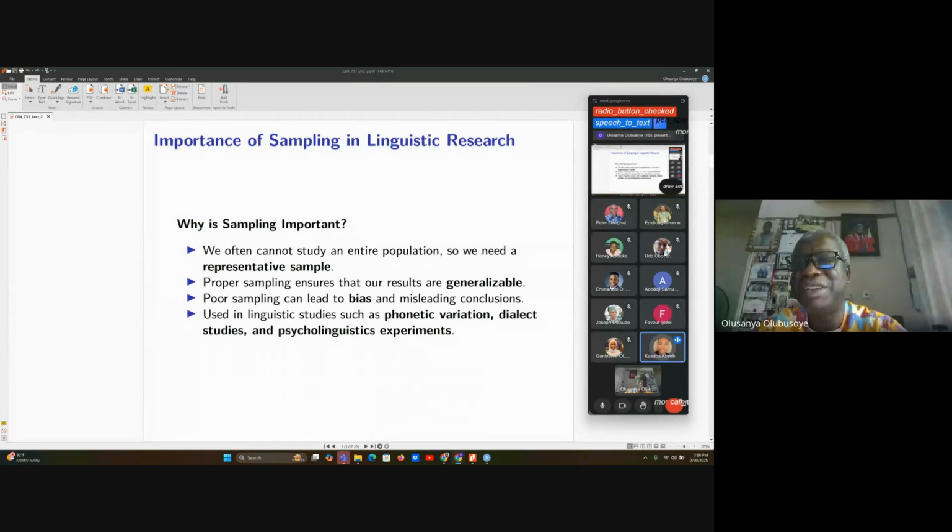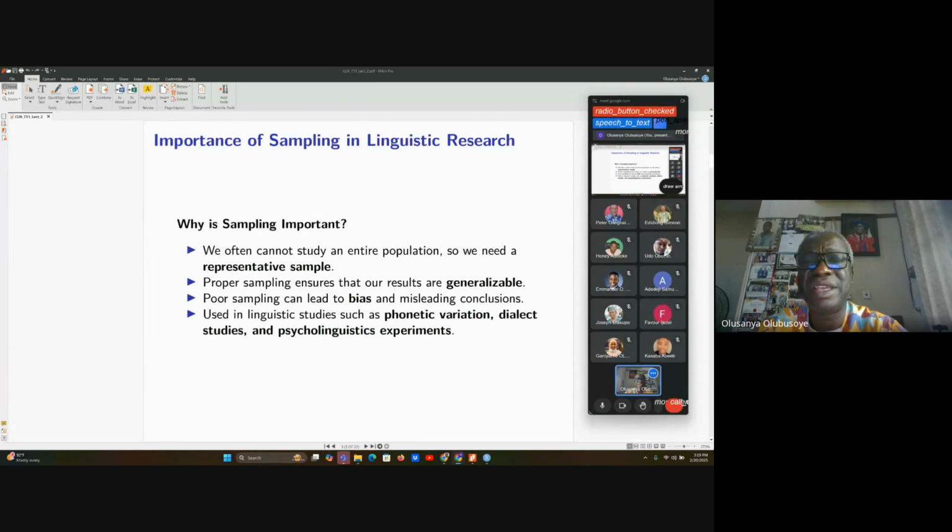So that's the point we are making, that there are situations where reaching out to the entire population is practically impossible. You can think of any other population like that. In that situation, sampling is what can rescue us. So we need to now draw a sample.